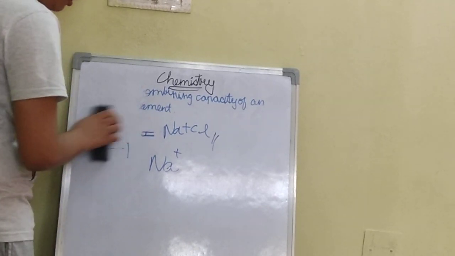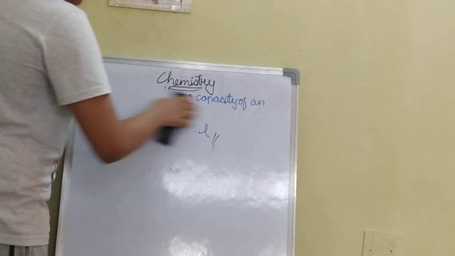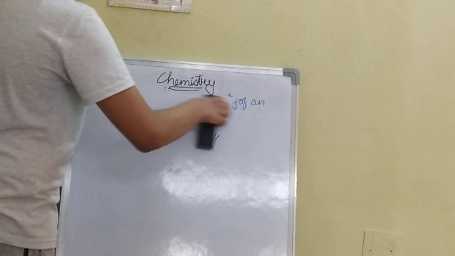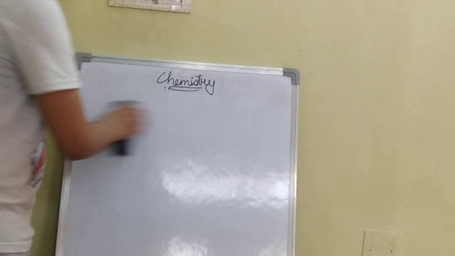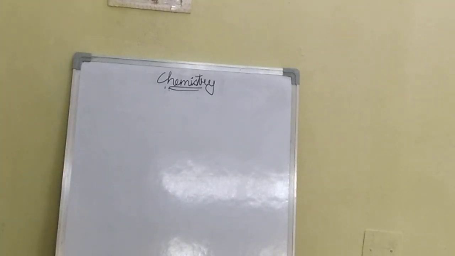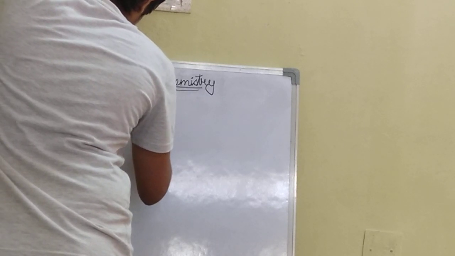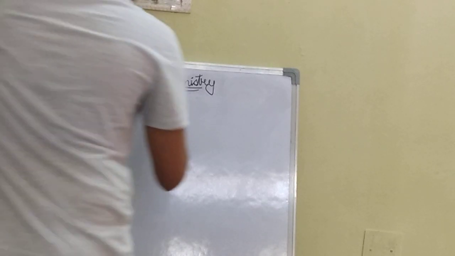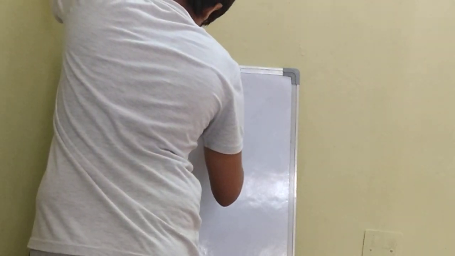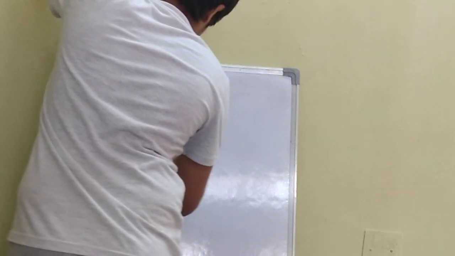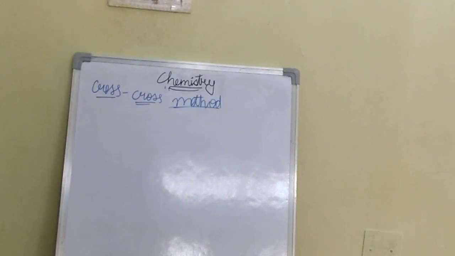First I'll tell you the crisscross method, then you'll understand valency. As an example we take sodium chloride.